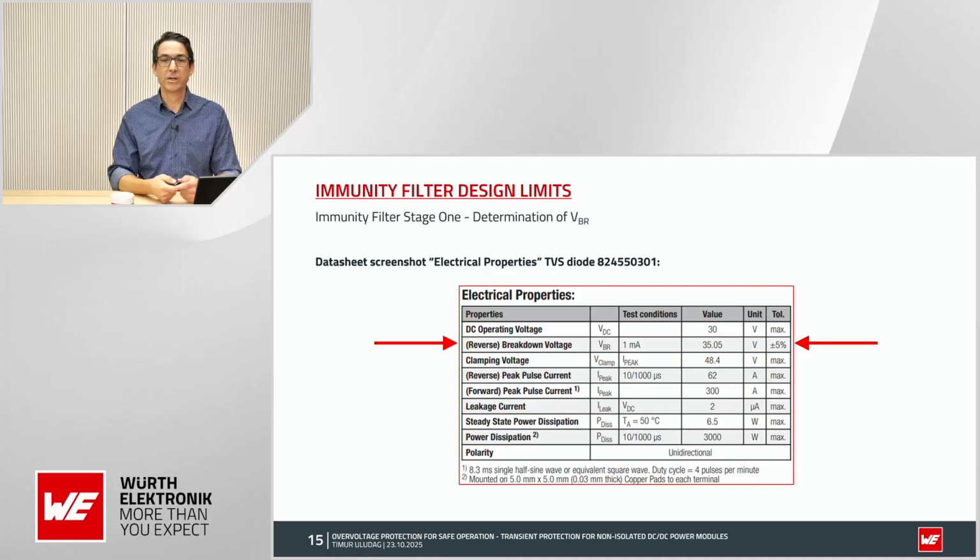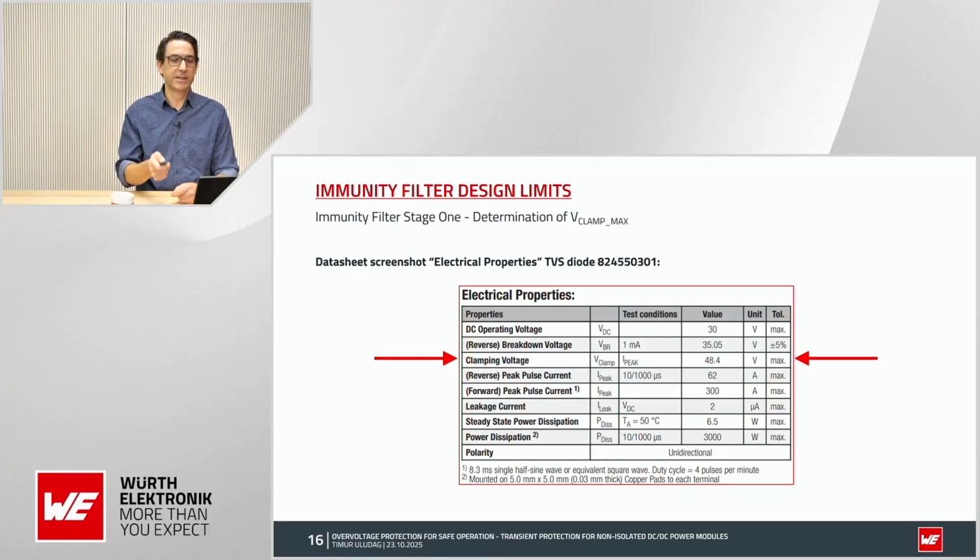This is because we're talking here about a PN transition. Therefore, we have a range of 33.725 volts to 36.8025 volts. To ensure effective protection, the VBR of the TVS diode must be higher than the maximum normal operating voltage of the circuit. Otherwise, the diode would already respond, meaning it would already start to clamp during normal operation, which is not the intention.